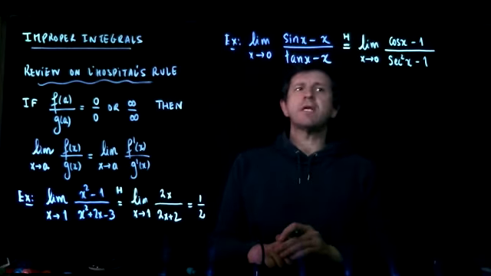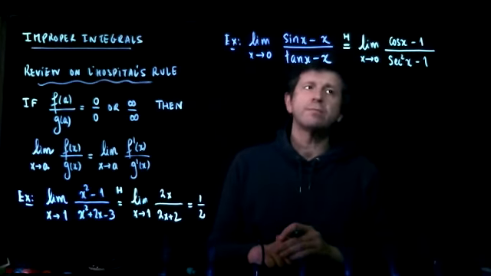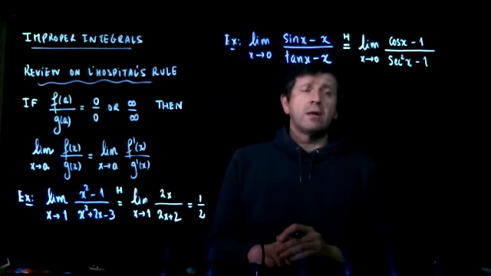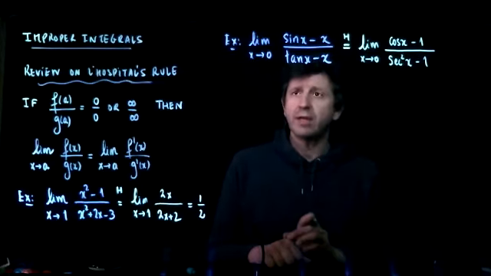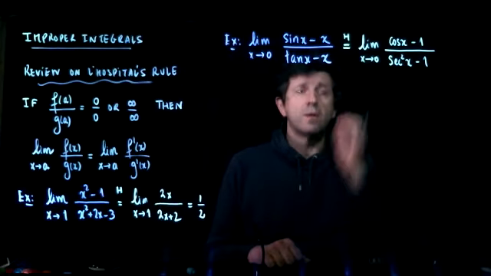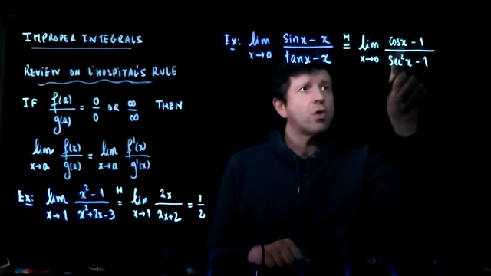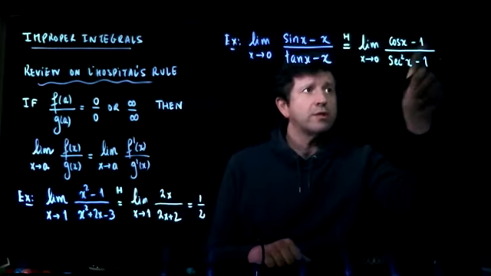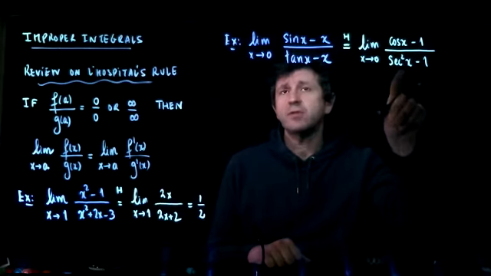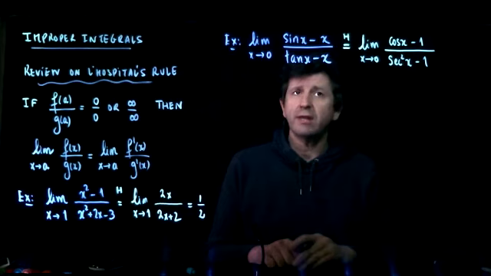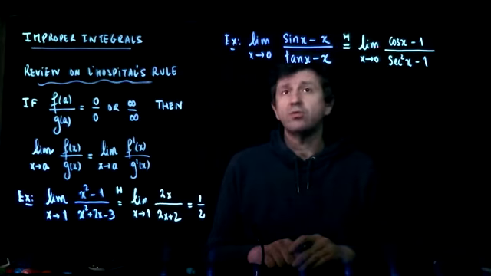The derivative of tangent is secant squared. And now what? I replace x with 0 again. What do I get? The cosine of 0 is 1, 1 minus 1 is 0, secant of 0 is 1, 1 minus 1 is 0 again. So I need to do L'Hopital's rule again.